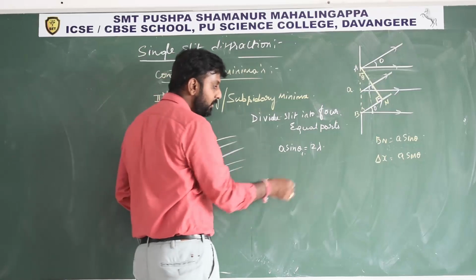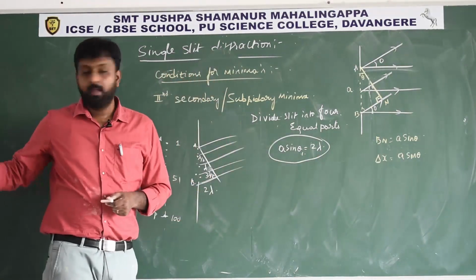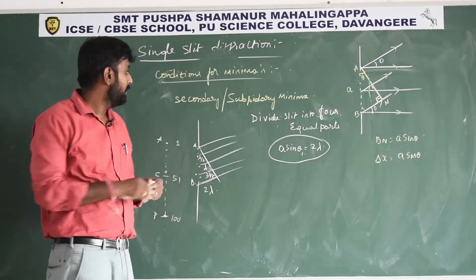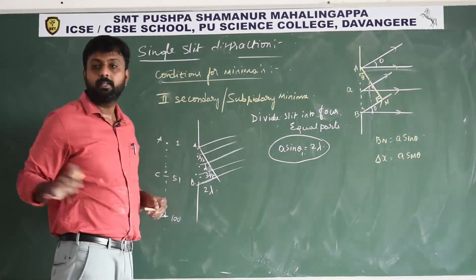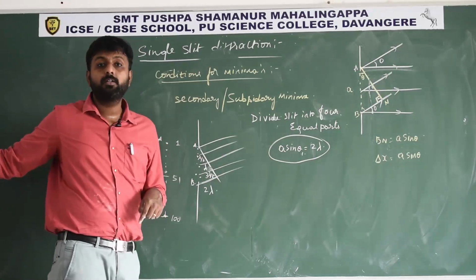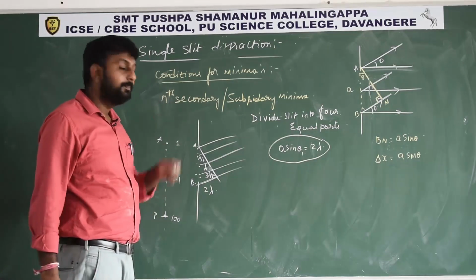A sin theta 1 is equal to 2 lambda. And what is the condition for secondary minima? You just have to write like this only. And next, what is the condition for nth secondary minima?